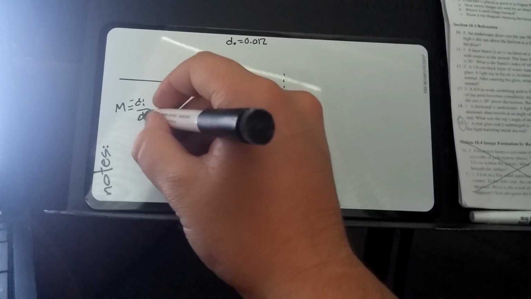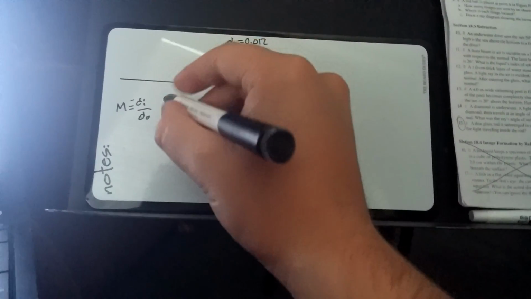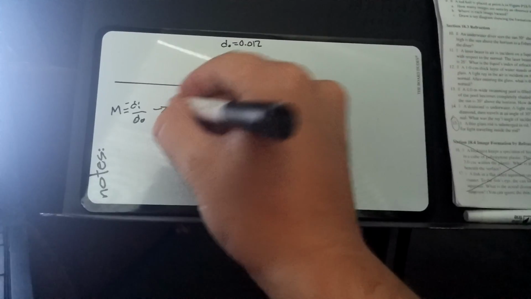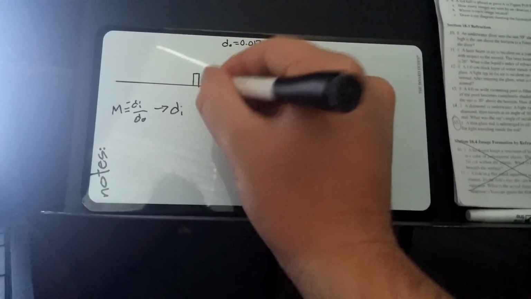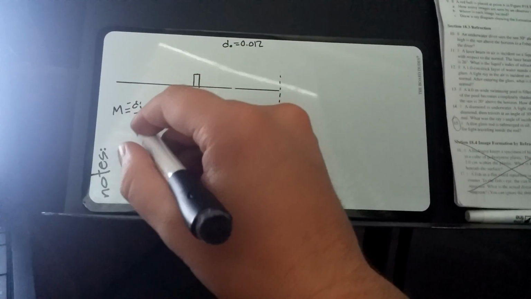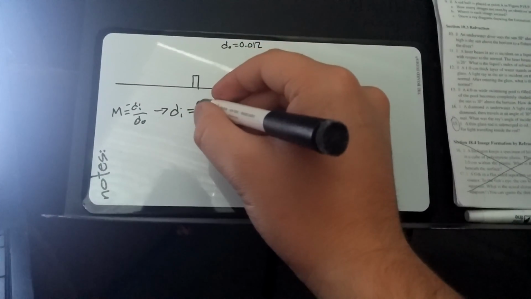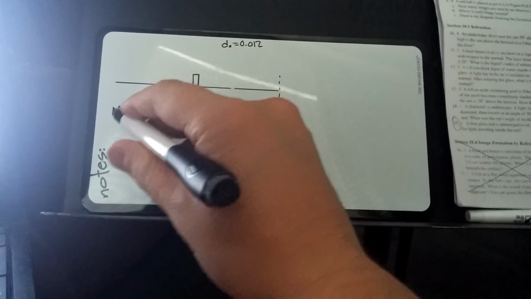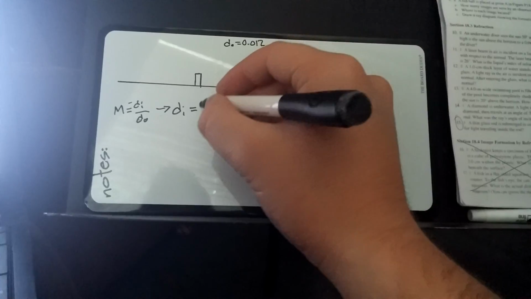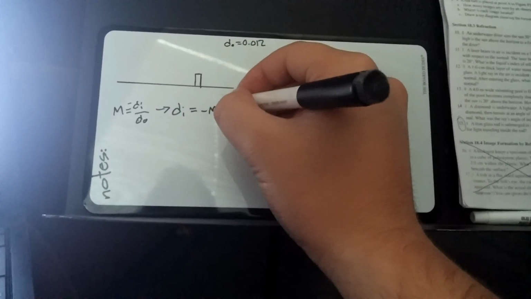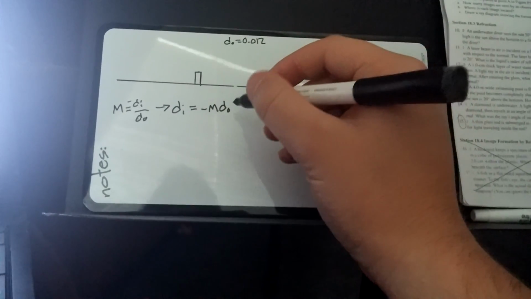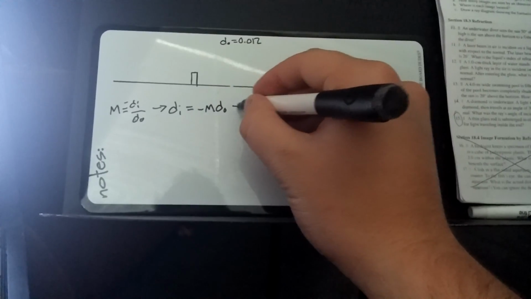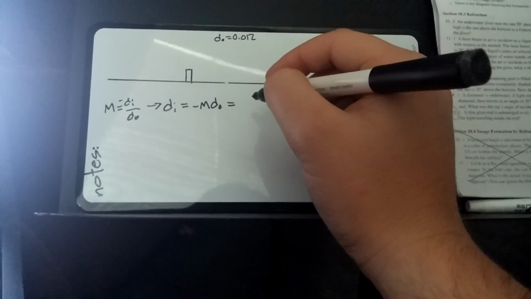We know the magnification, we don't know the image distance. So using algebra, we multiply by -1, and we get the image distance equals the negative of the magnification times the object distance. Okay, and we just plug in numbers.